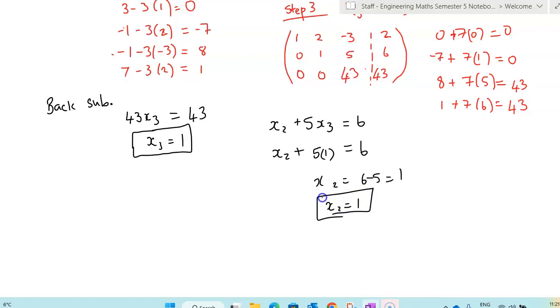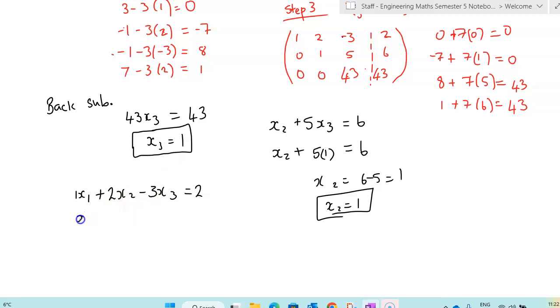And the last stage, we use the top equation, 1x1 plus 2x2 minus 3x3 equals 2. We've got a value for x2 of 1, and a value for x3 of 1.